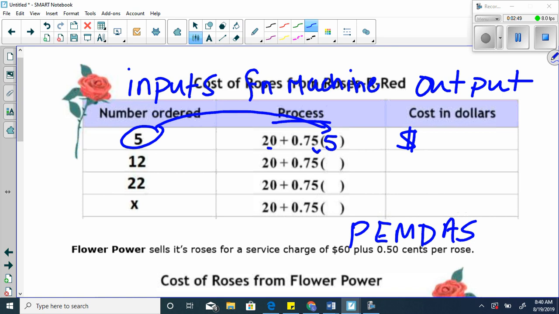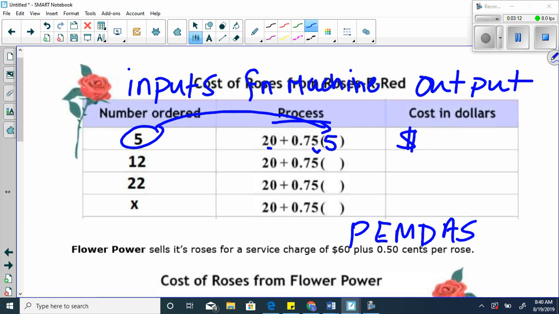So when I plug this into my calculator, Ms. Cullen, I first do 0.75, not 75, but 0.75, 75 cents. If you were paying $75 per rose, that'd be pretty dang expensive, huh? Okay, so 75 cents, 0.75 times 5.